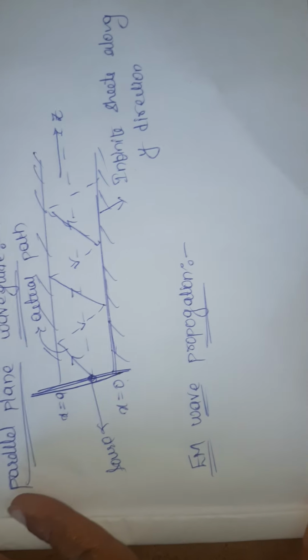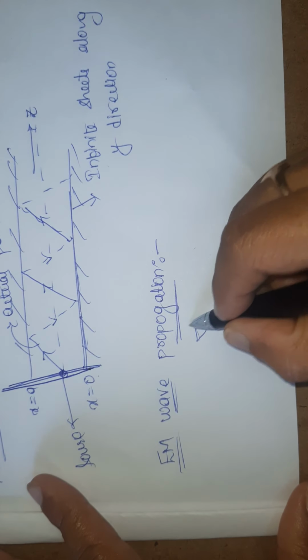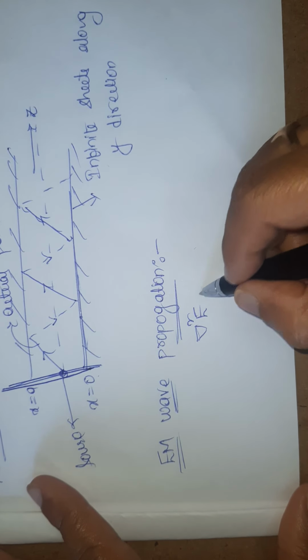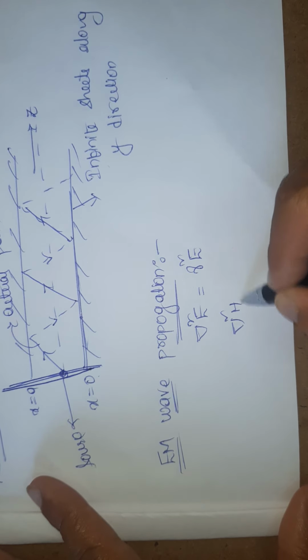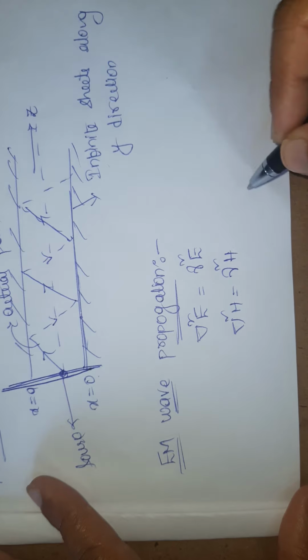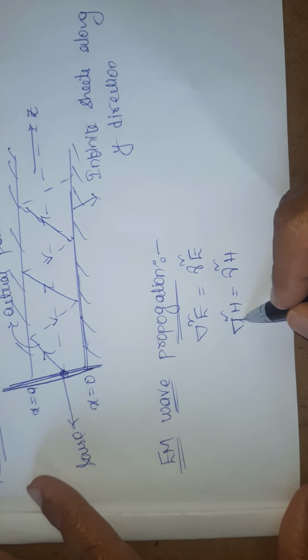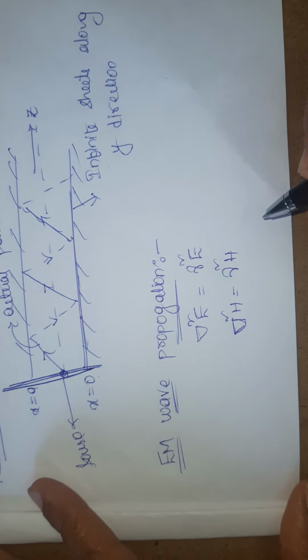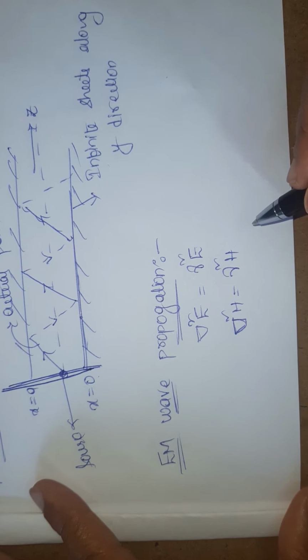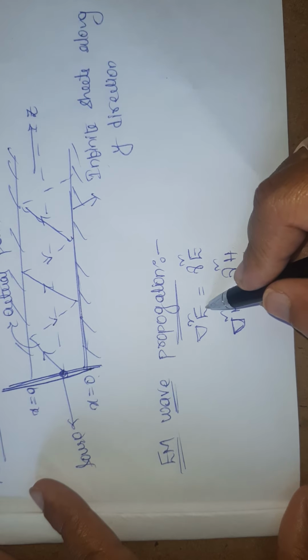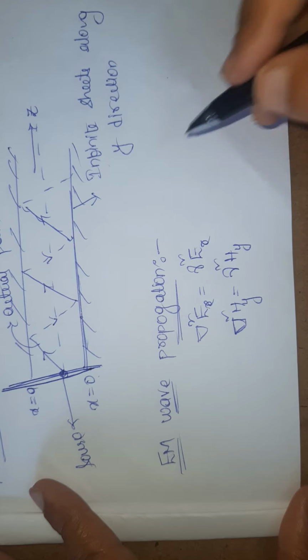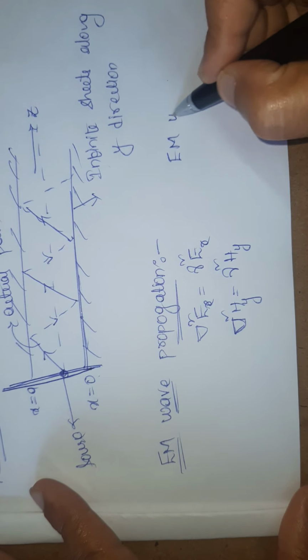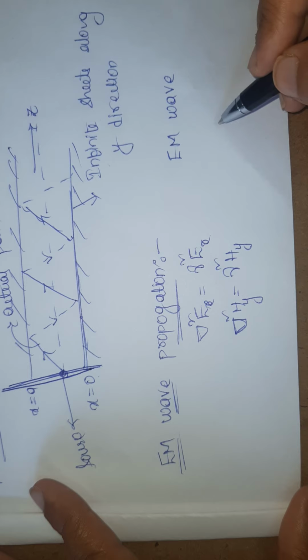In the last session we got the derivation del square E is equal to gamma square E, del square H is equal to gamma square H, and these are the space harmonic equations in free space. Here I am adding extra x suffix because we already know that the EM wave has basic transverse nature.